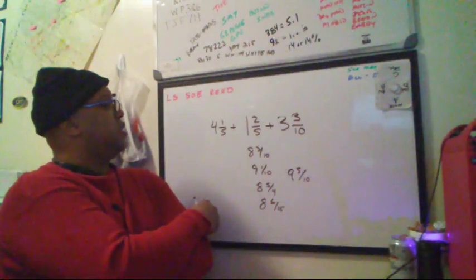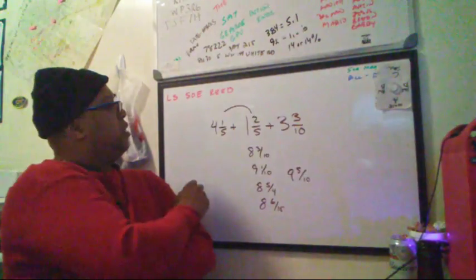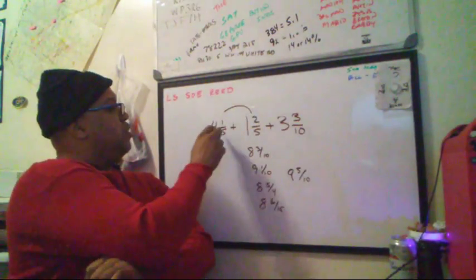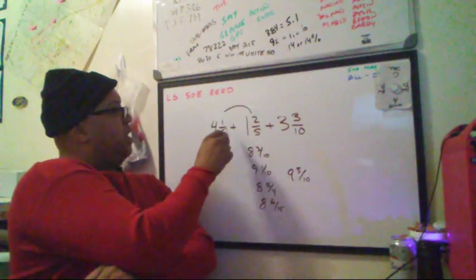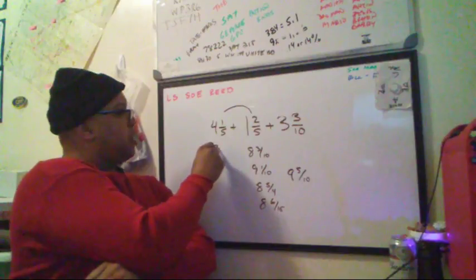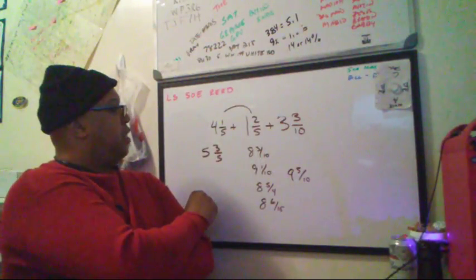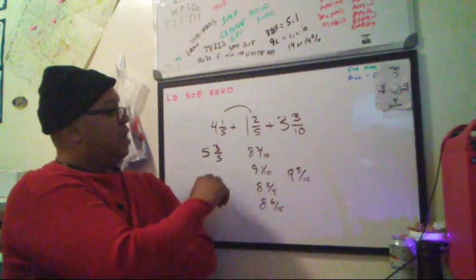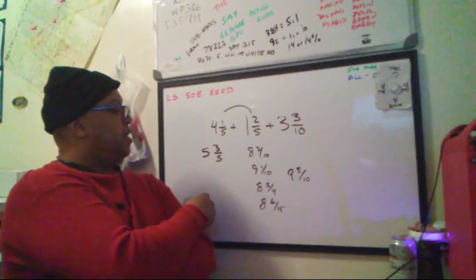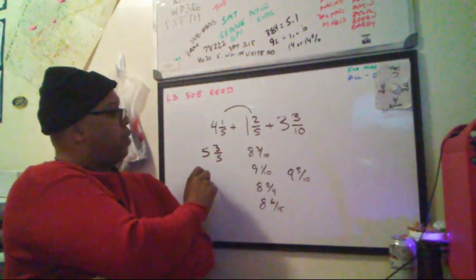So as I look at this, I can merge these two, meaning that all I need to do is 4 plus 1 is 5, and then 1/5 and 2/5 is actually 3/5. All right, and then all we need to do is add the 3 3/10. Now what I always do is I'll make them improper fractions because to me, I think they're easier to work with, and then I'll work it like that.